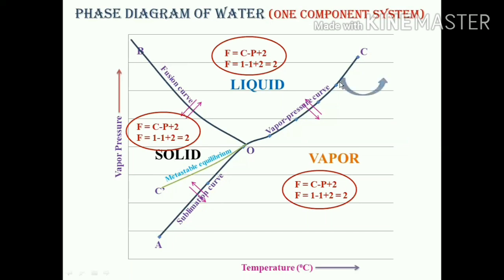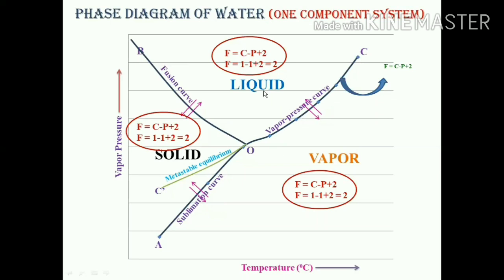Now, along the curve, if we try to calculate the number of degrees of freedom, again it carries the same expression, F is equal to C minus P plus 2. But along the curve, what did we learn? We learned that the curve represents the equilibrium between two phases. What are those two phases?